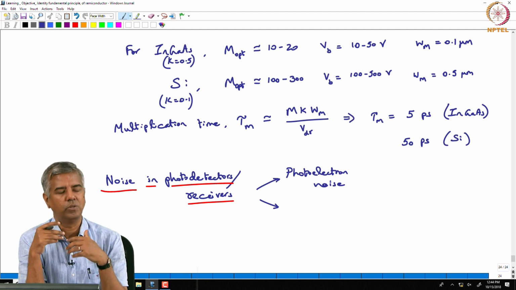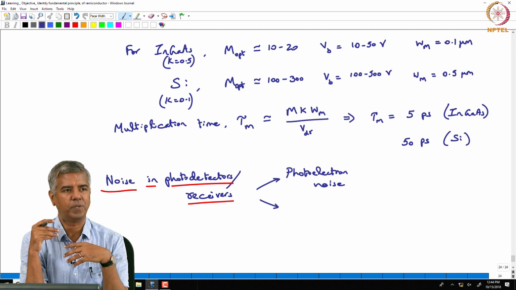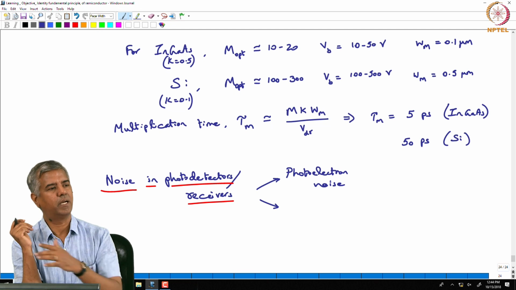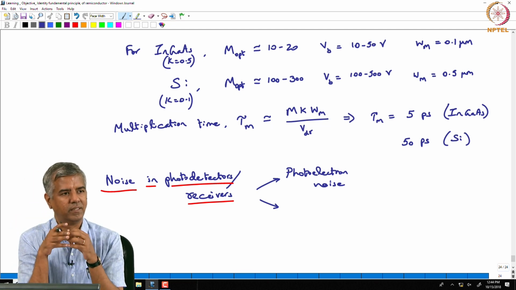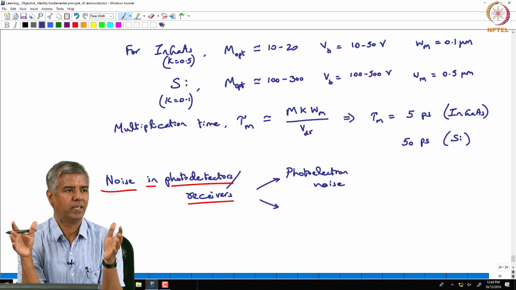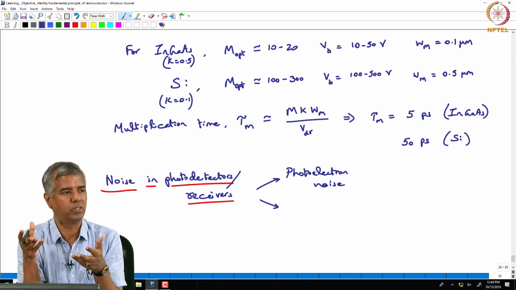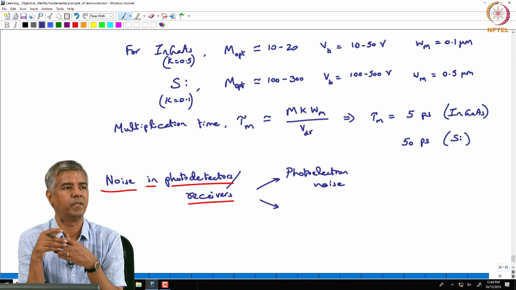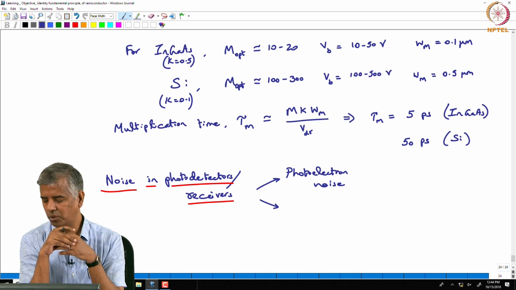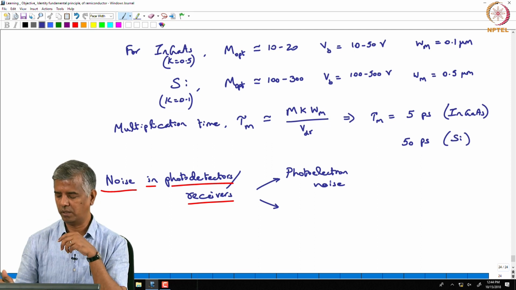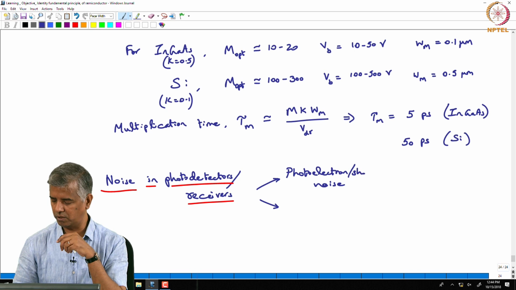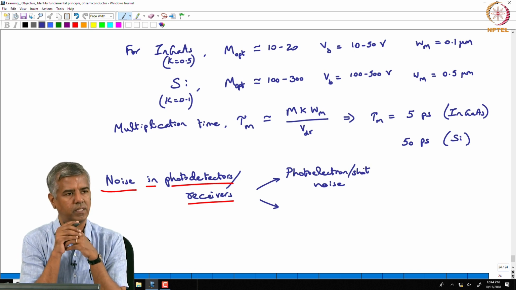So, what does that tell you? From a receiver perspective, you have photons that are coming not so uniformly, and then the photoelectron conversion process also does not happen so uniformly. So, you have this noise, which is also called shot noise, that is happening.